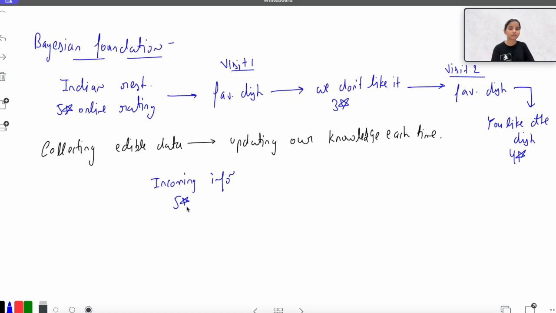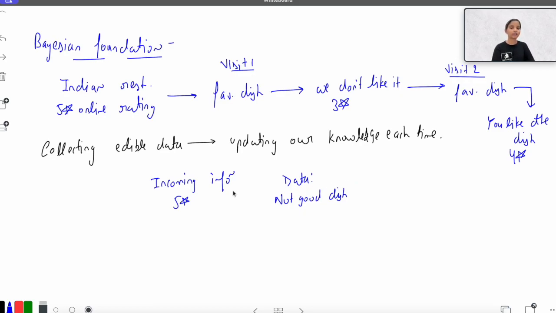Then you said, let's visit it, and you visited it and collected some data. In your first visit, you didn't like the dish. That is the data you collected.